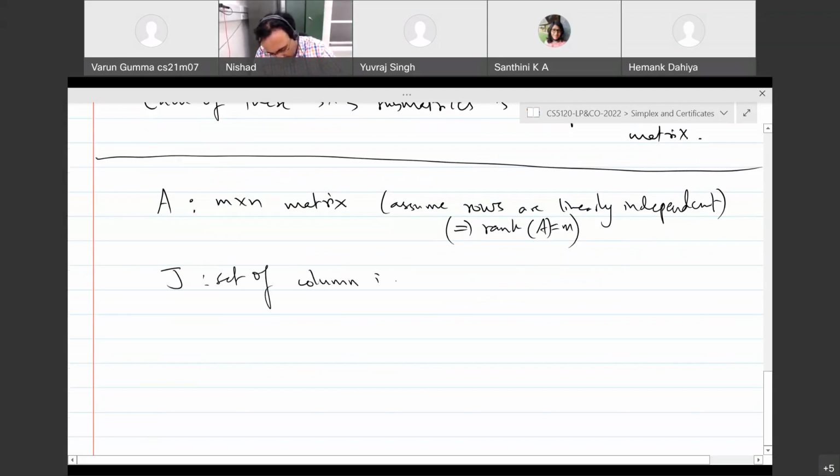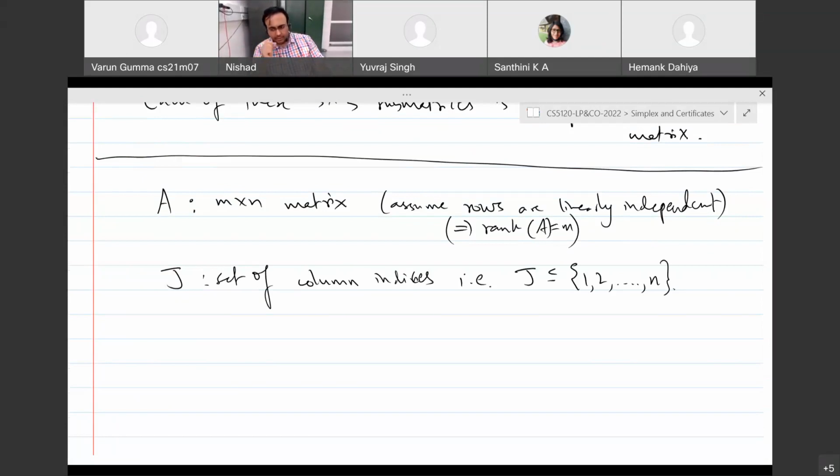So what I mean by that is that J is a subset of 1 up to n. Okay, your columns are indexed 1 up to n. So I'm picking a bunch of columns.